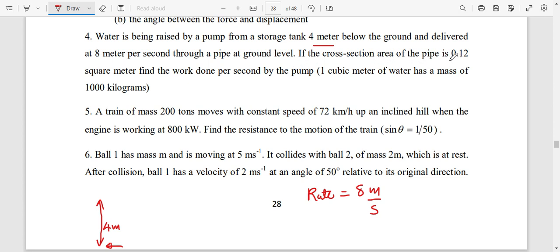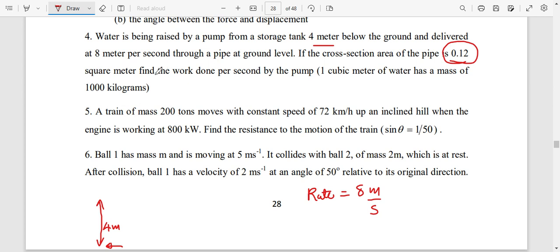Now the area of the pipe is 0.12 square meters. Find the work done per second by the pump. 1 cubic meter of water has a mass of 1000 kg.